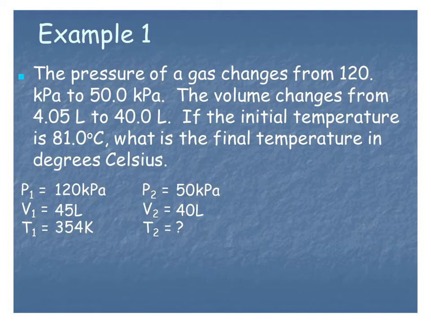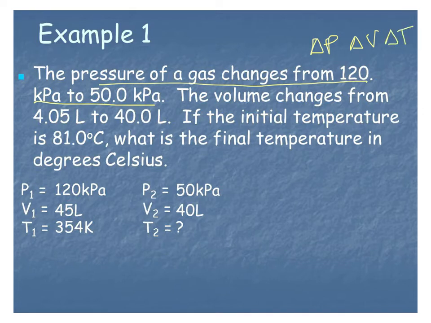The gas pressure changes from 120 kPa to 50 kPa, so that's the delta P. The volume changes from 4.5 liters to 40 liters, so that's a delta V. Then we have the initial temperature of 354. What was the final temperature? So we have a delta T that we're looking for. All these things can combine together.